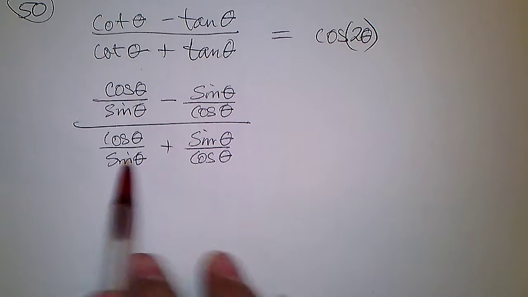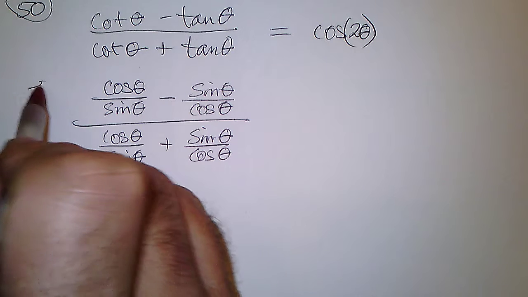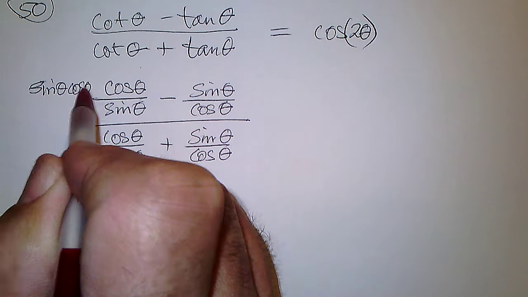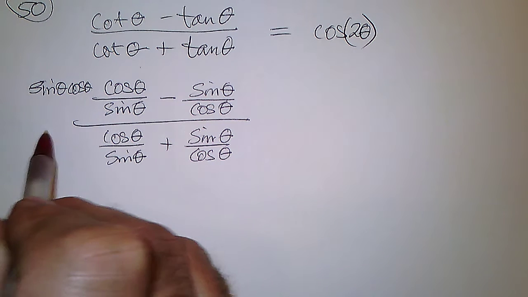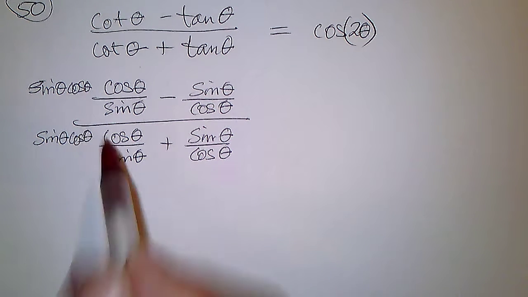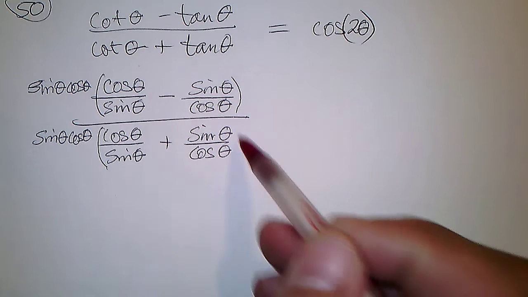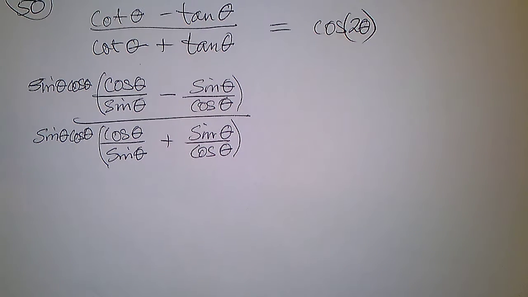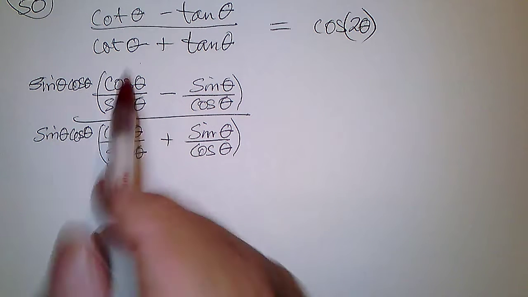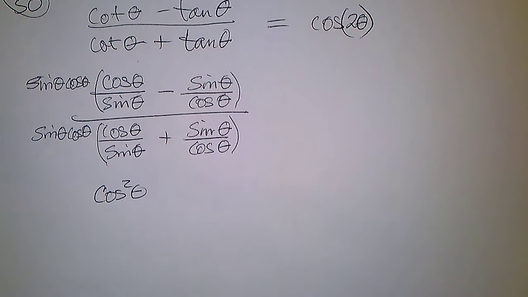So the common denominator is sine cosine. So I'm going to multiply the numerator by sine theta cosine theta and the denominator by sine theta cosine theta to clear out the denominators. So this times this would cancel the sine and I'd get cosine squared theta.